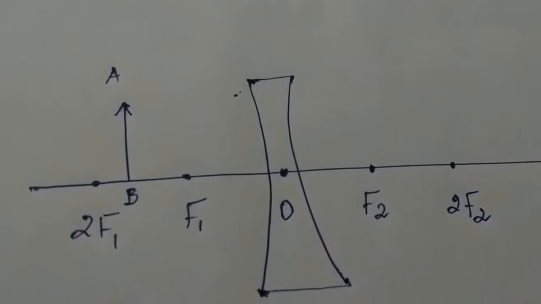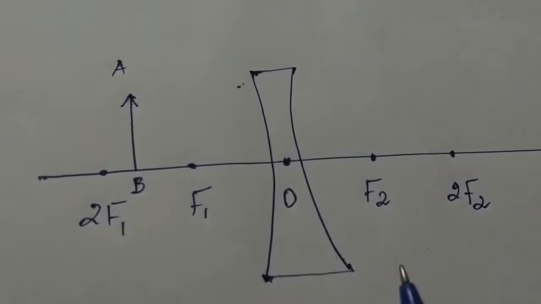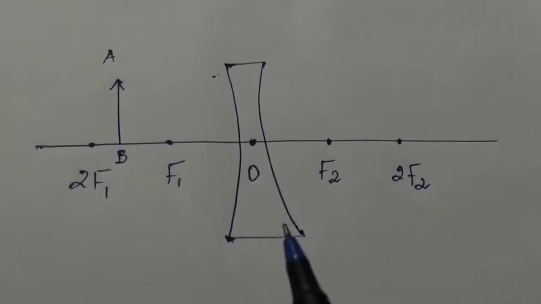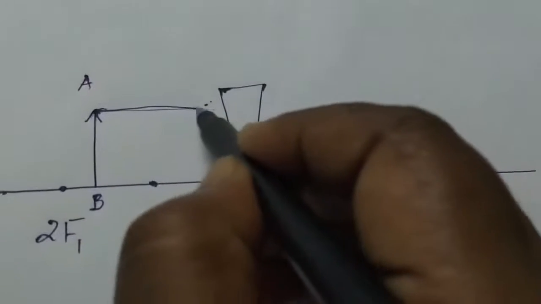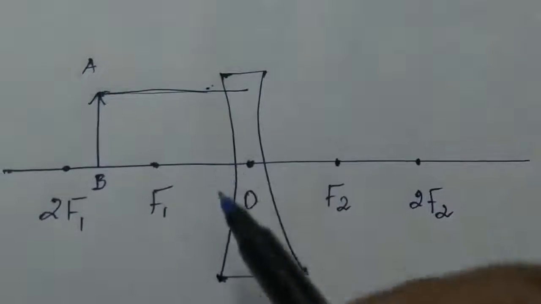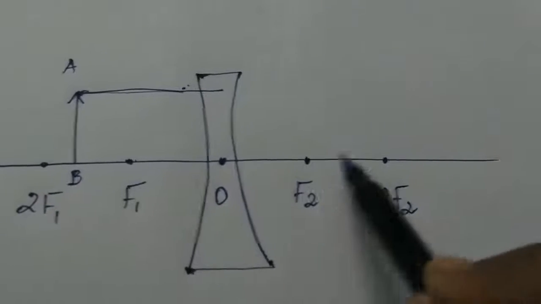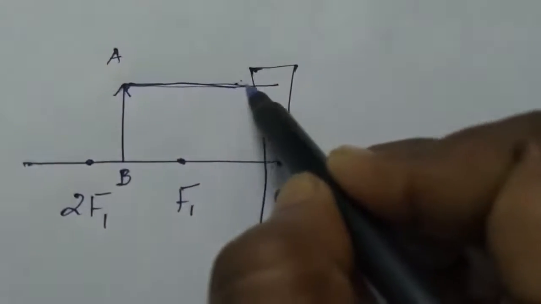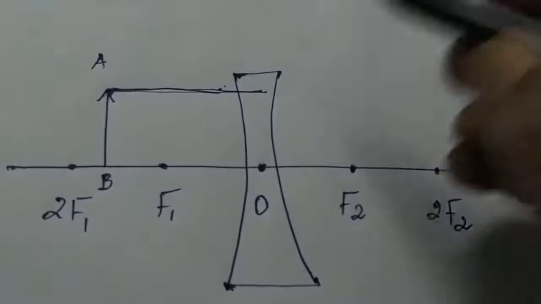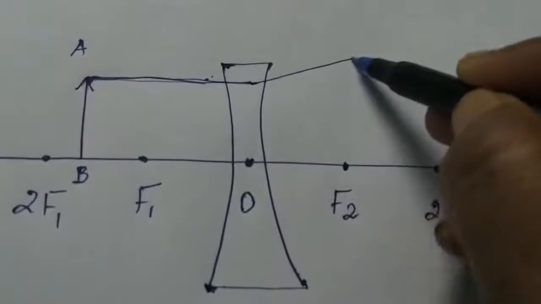And then for the first ray, let us use rule 1. The ray parallel to the principal axis. So this line is known as the principal axis. The ray parallel to the principal axis, after refraction.